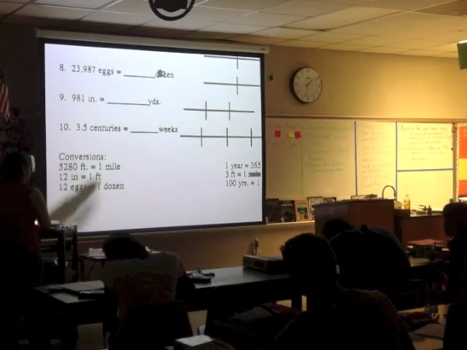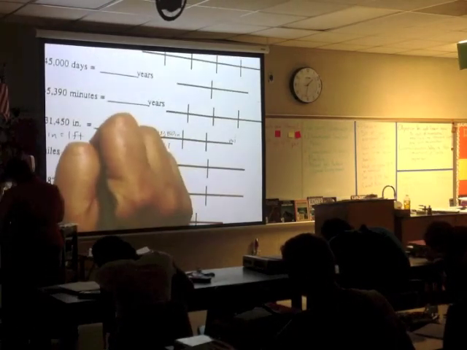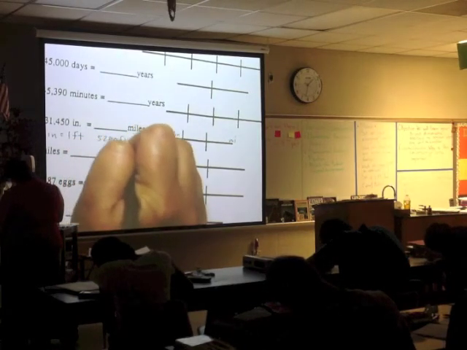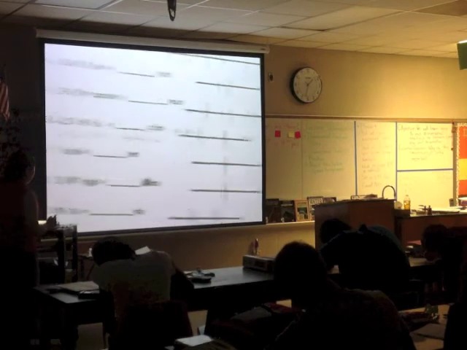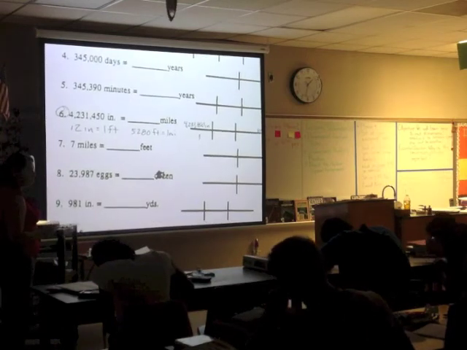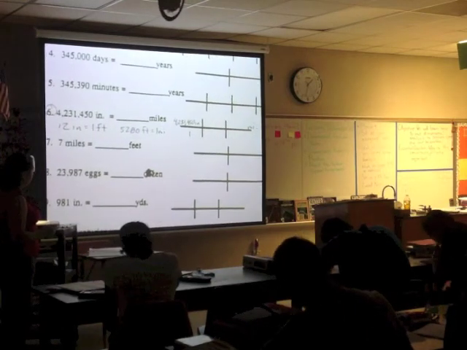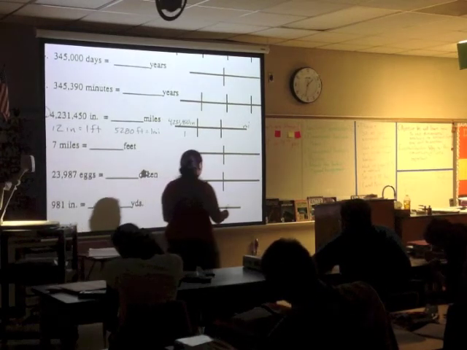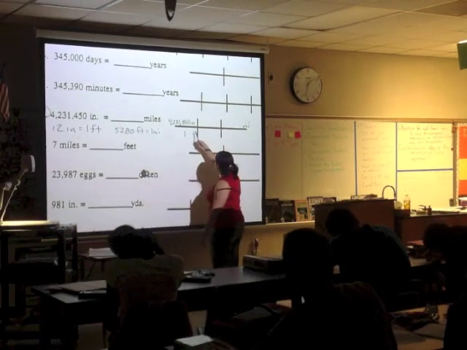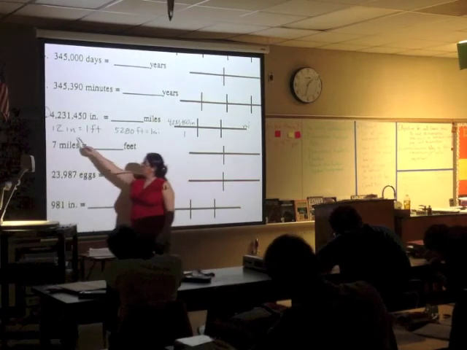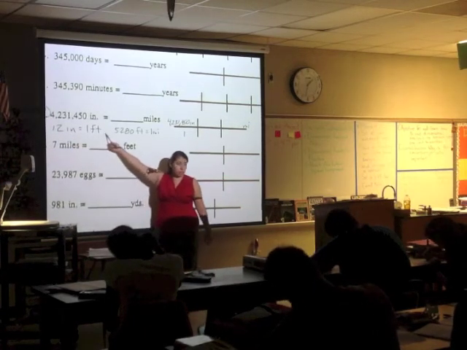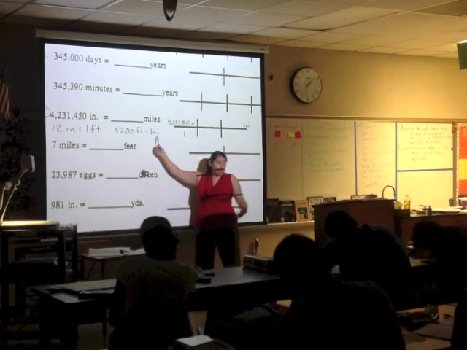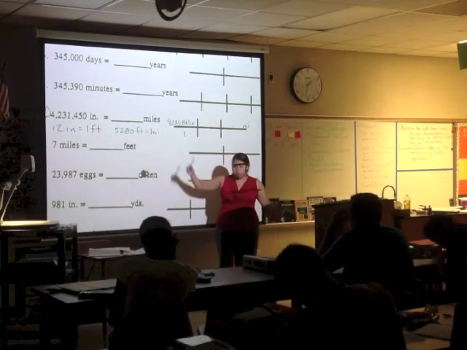So 5,280 feet equals 1 mile. Is that it, or do I need something else? If you don't know, check. I know I need to go from inches to miles, right? So I know I can go from inches to feet, right? Then do I have feet to mile? So do I need anything more? Okay.